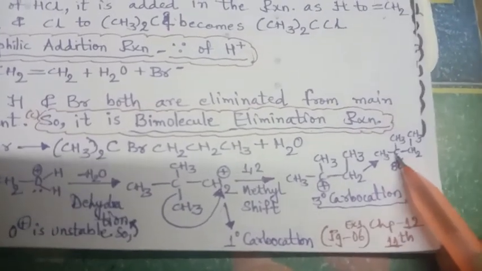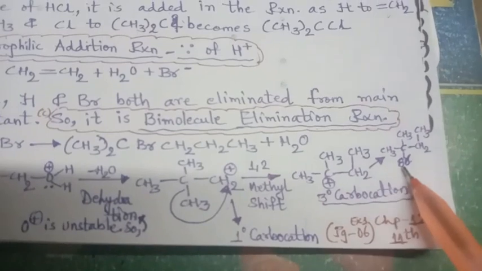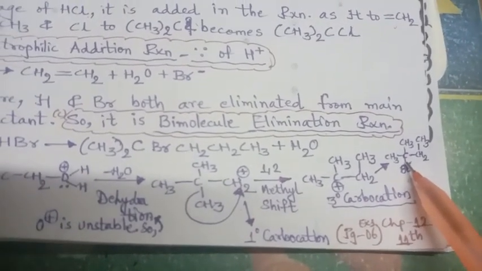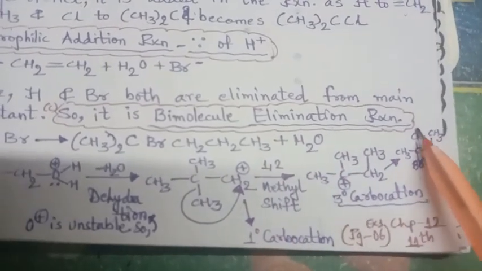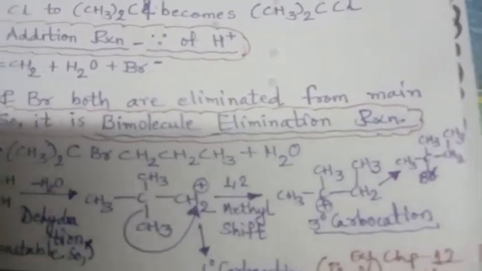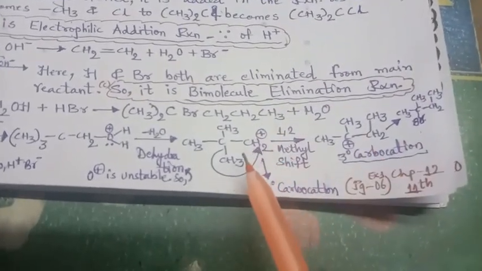Clear? And here the same thing takes place. Now this Br will take place over here. So what happened over here? Br is attached to CH3, CH3, CH2 and CH3. So actually what you have seen is that rearrangement takes place. Once it is shifted, then again rearrangement has taken place.